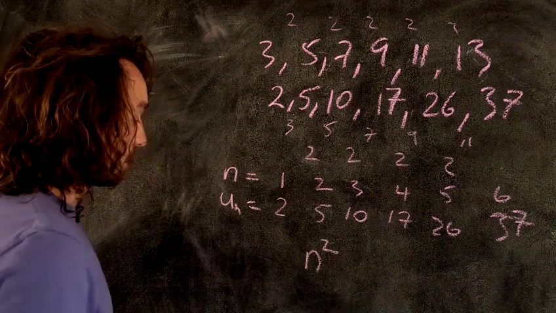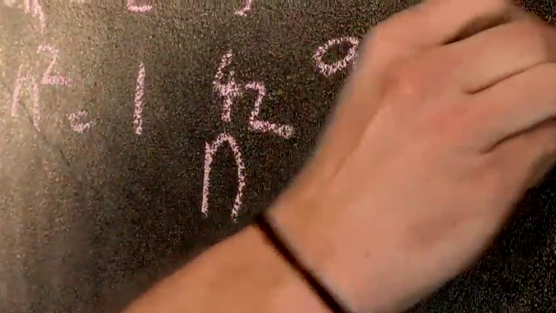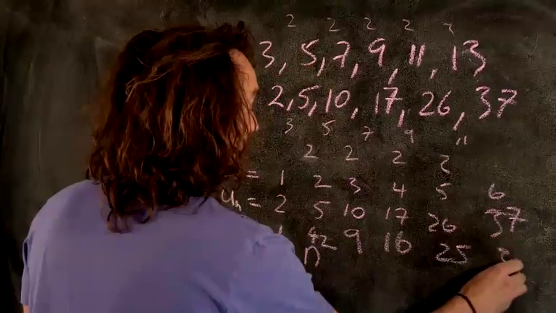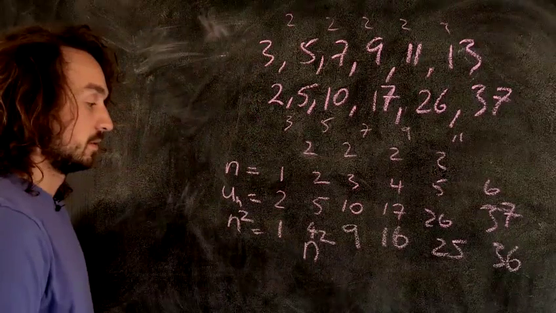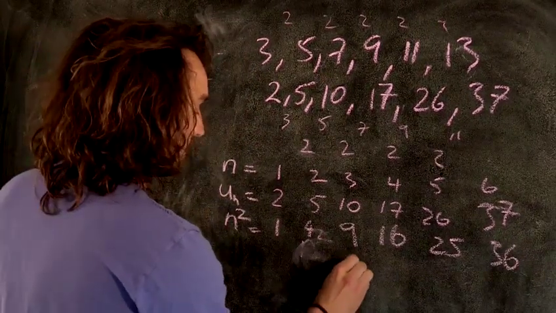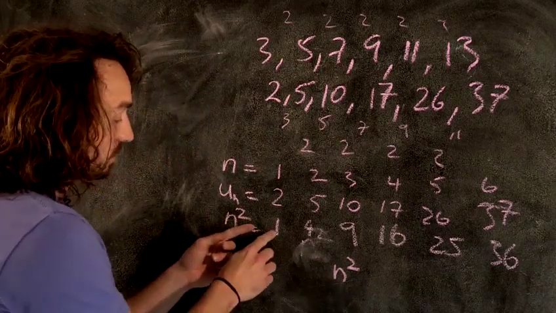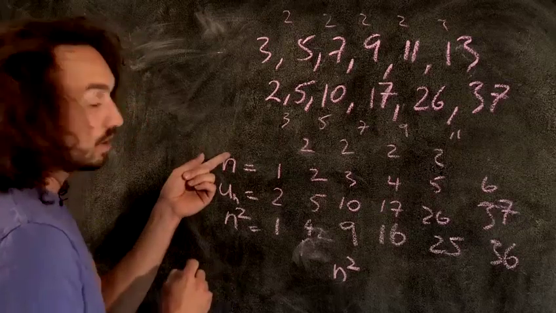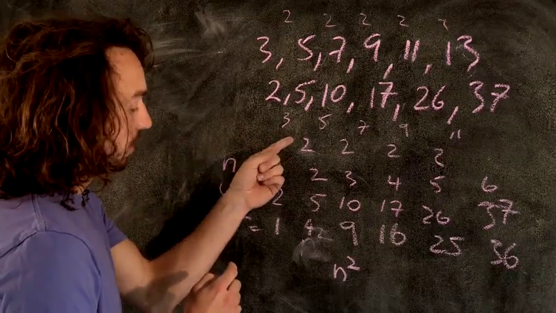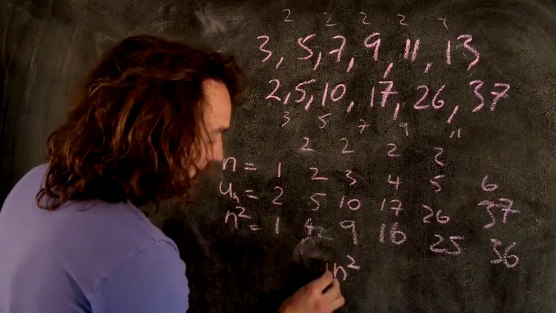Now if I write n squared here, I get 1, 4, 9, 16, 25, 36. So I'll rewrite that there. What I need to do now is relate this n squared number to my sequence. I've taken my 2, halved it and put it in front of n squared, so I actually have a secret 1 there.